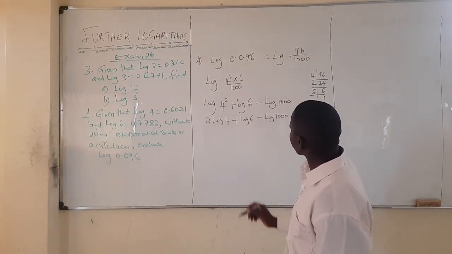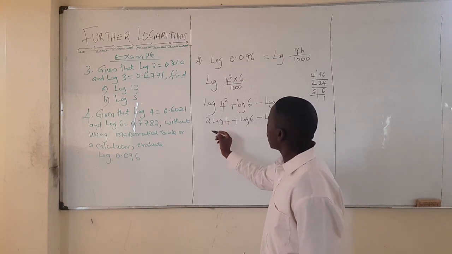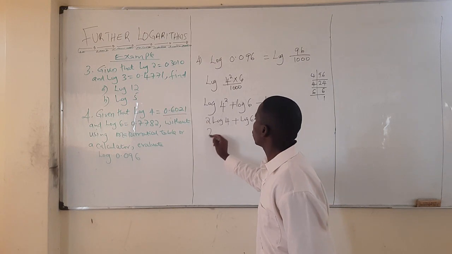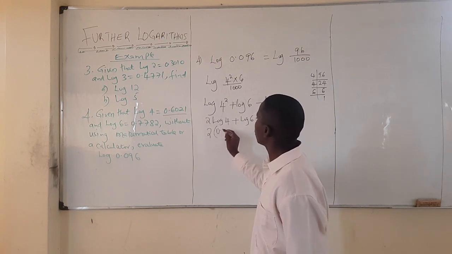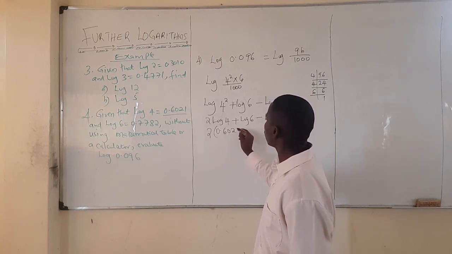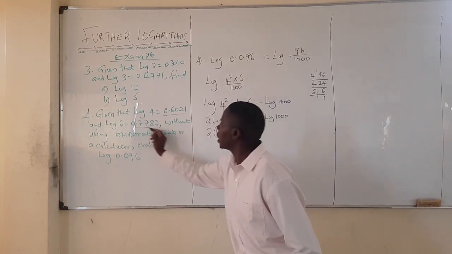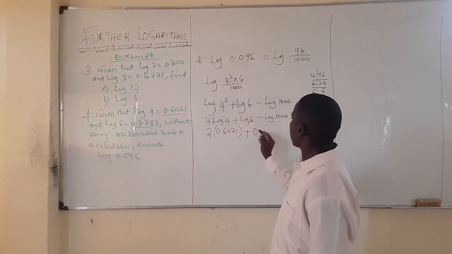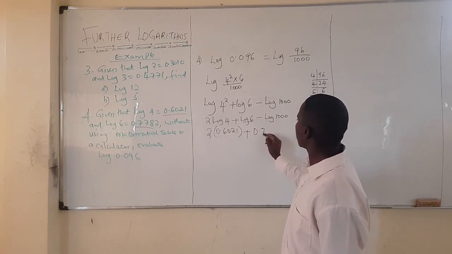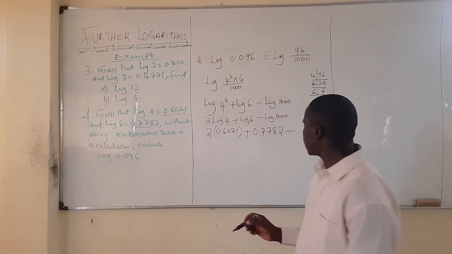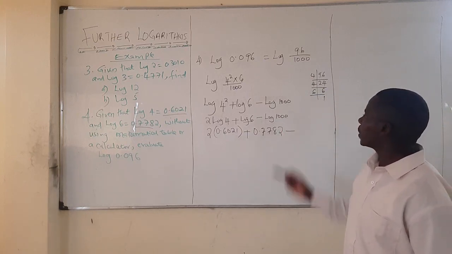And then you have the log of 4 here, so 2 times 0.6021, and then plus the log of 6 is right here, 0.7782 minus the log of 1000.